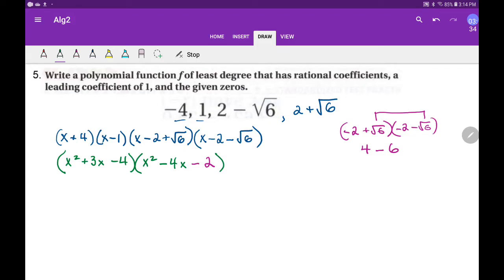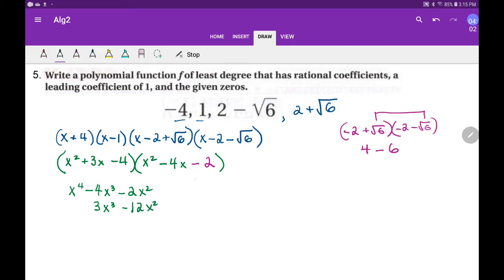Okay? So, let's go ahead and multiply now. X squared times x squared is x to the 4th. X squared times minus 4x is negative 4x to the 3rd. X squared times negative 2 is negative 2x squared. Then 3x times x squared is 3x to the 3rd. 3x times negative 4x is negative 12x squared.